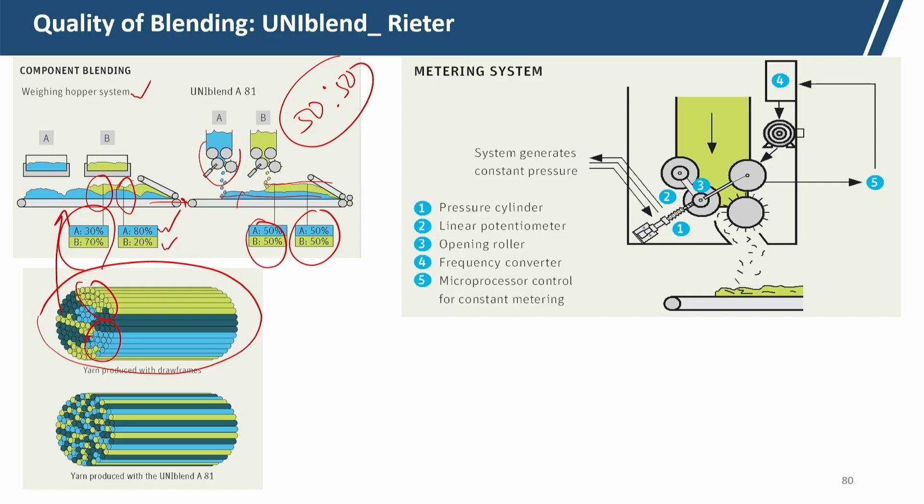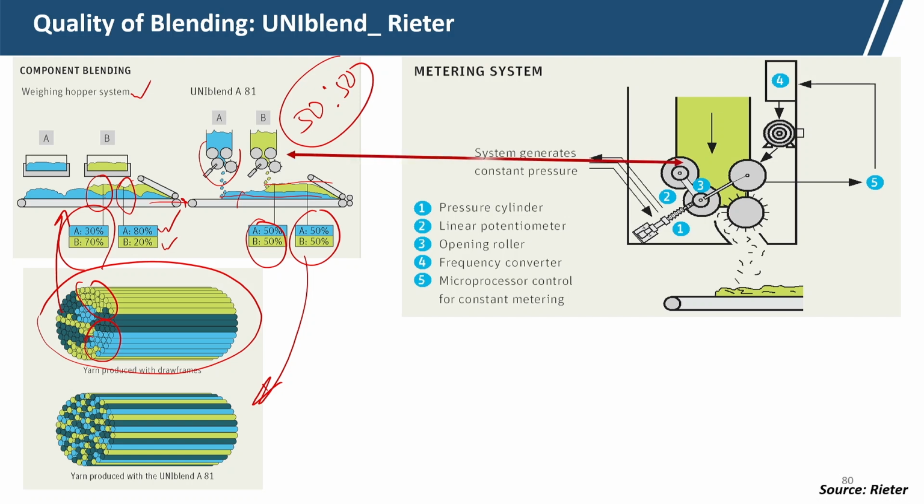But in the Rieter UniBlend system, you can see it gives very uniform blending. This is a typical cross section of yarn, which shows that fibers are distributed evenly in the cross section. So this gives a very uniform yarn, uniform blending also.